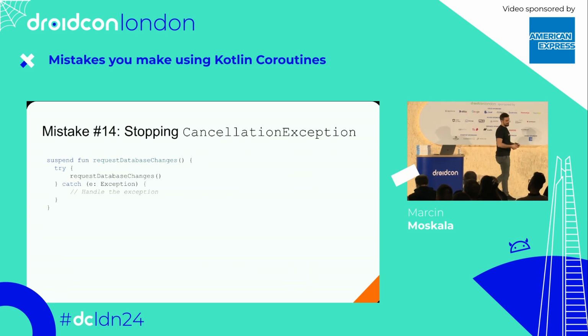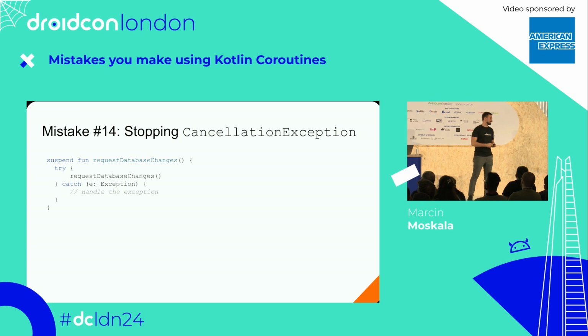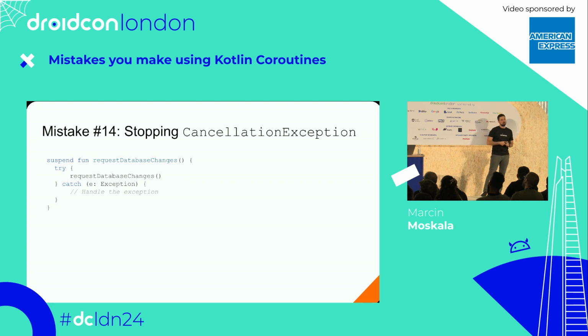But on the other hand, stopping cancellation exception is also bad. It is especially common if you catch exception or a runtime exception, or even illegal state exception, because those are all parents of cancellation exception.